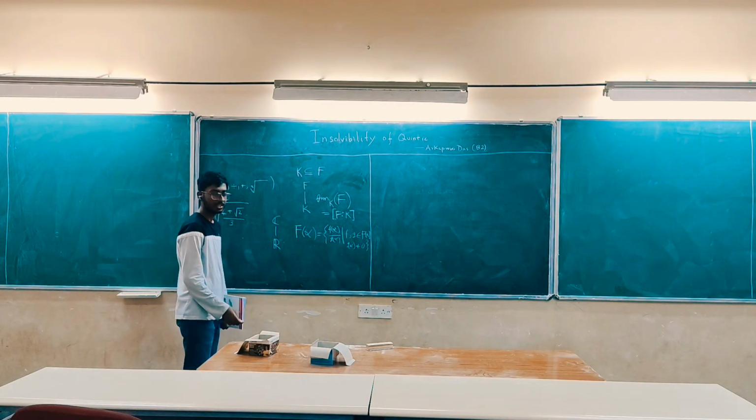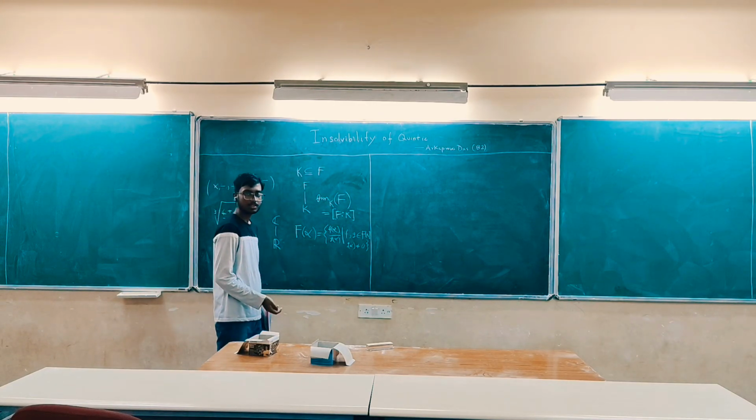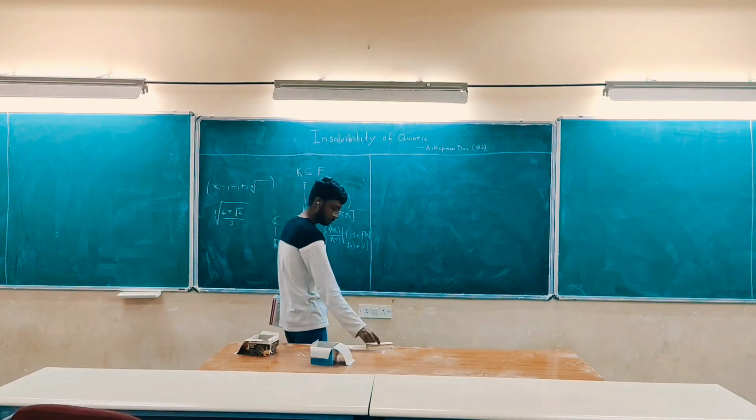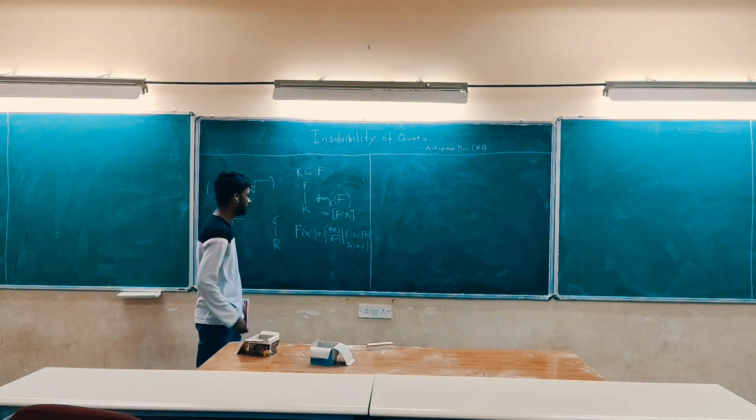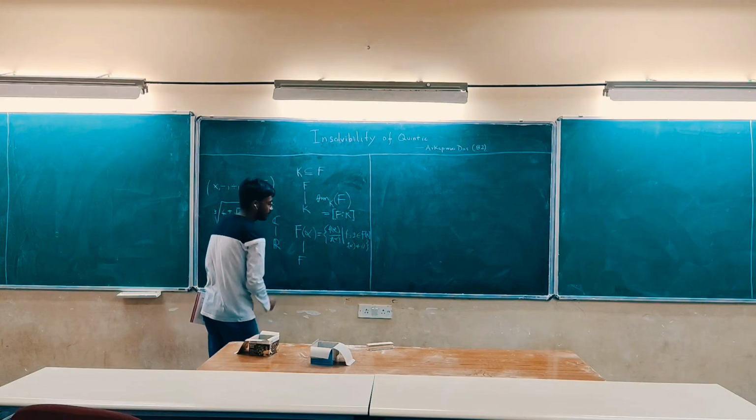It turns out that this is a field and all the properties are followed. This is called the extension by alpha.